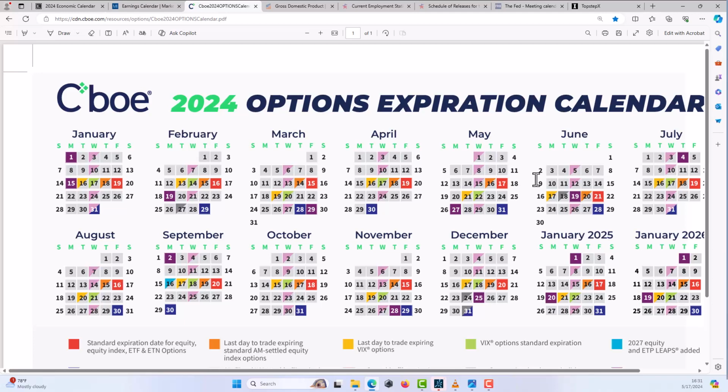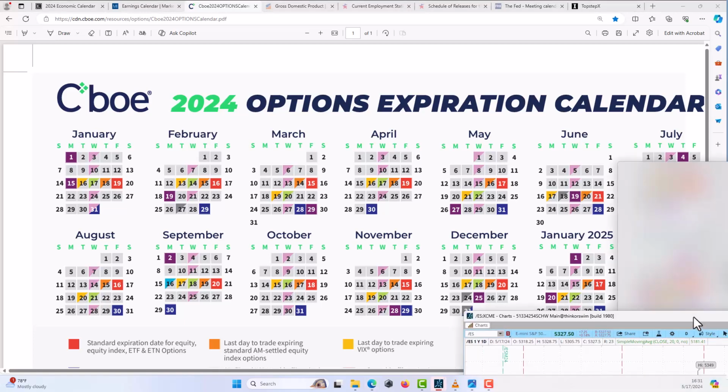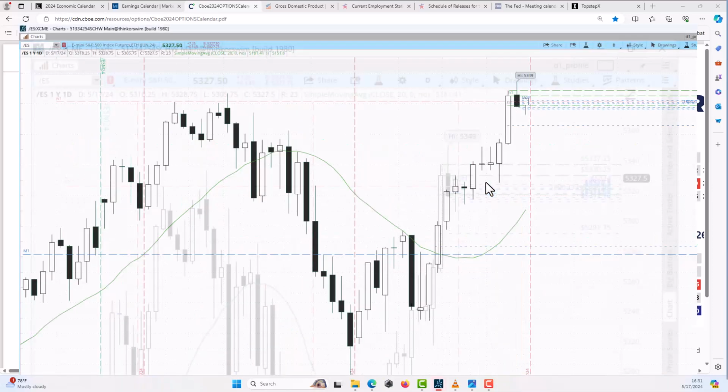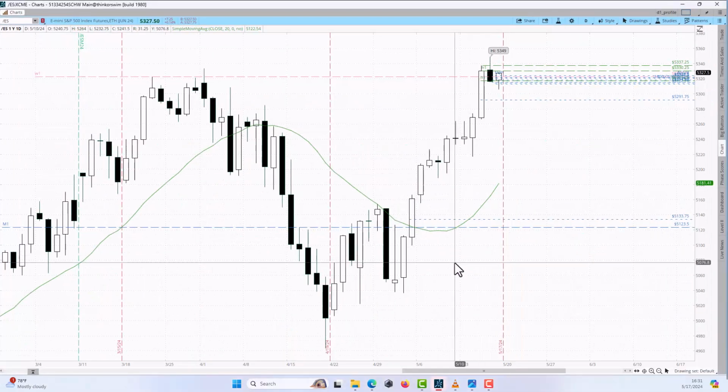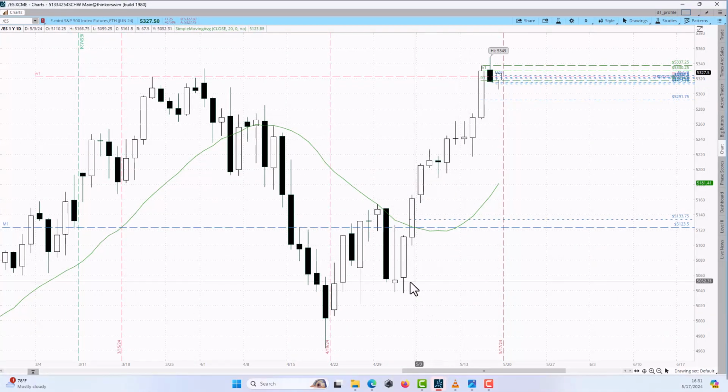After how many days? After CPI last week, right? 1, 2, 3. Right here. So after 1, 2 is CPI right there.